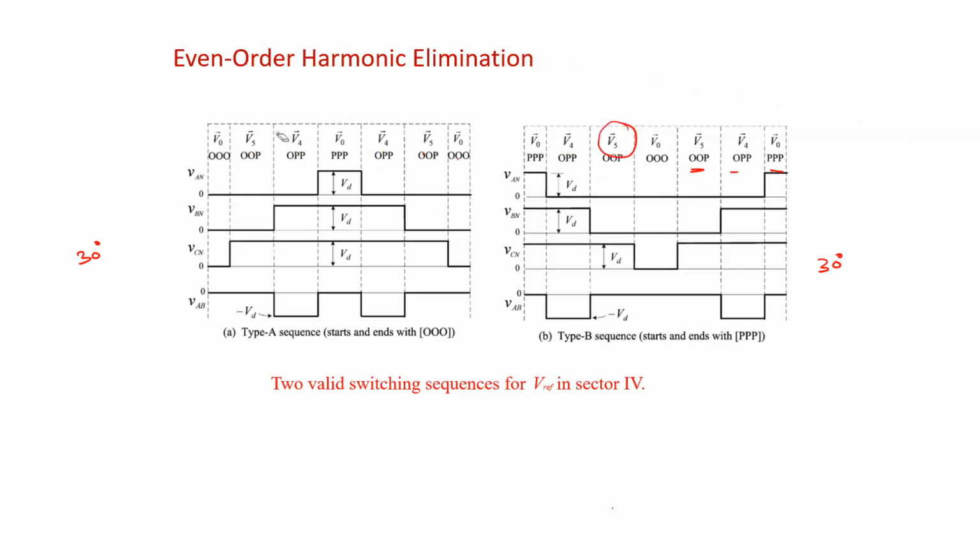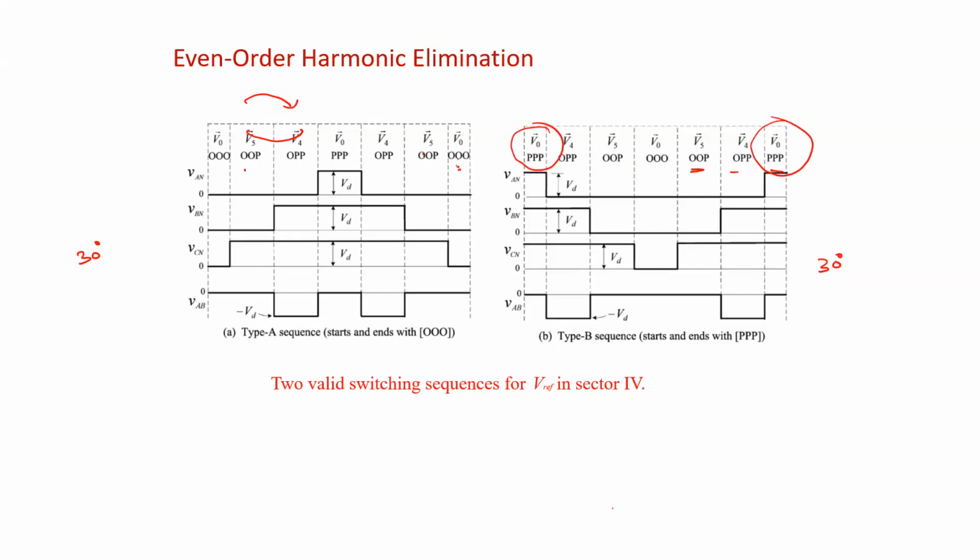The placements of V4 and V5 are interchanged so the waveform looks more symmetrical. It starts with 0, 0, 0 and ends with 0, 0, 0. Again, from 30 to 60 degrees, it starts with PPP and ends with PPP.